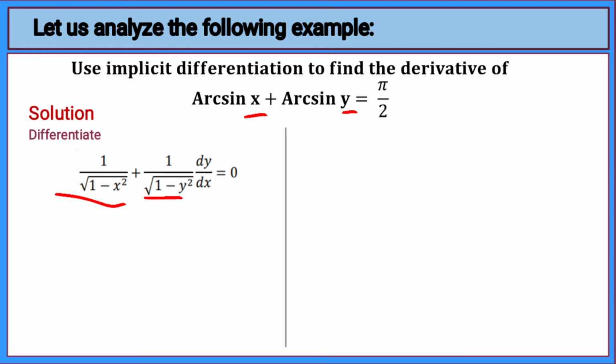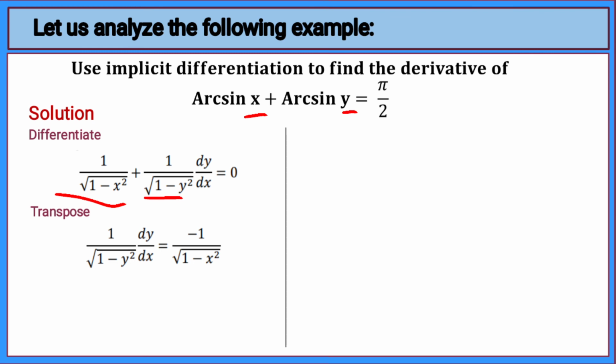So we need to put dy over dx in order for us to make sure or show that we are getting the differentiation of this function implicitly. And the derivative for the pi over 2 is 0, right? And next thing is we need to transpose this x first, and all those terms that have the y variable stay aside here on the left side, and on the right side we're going to put together all the x's.